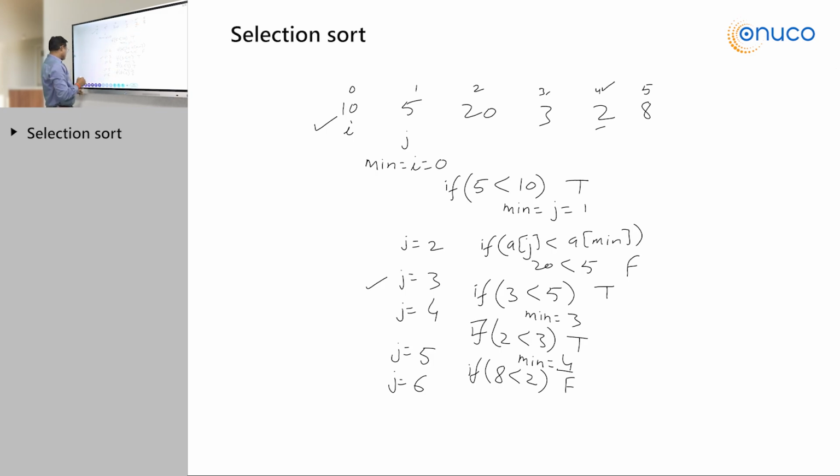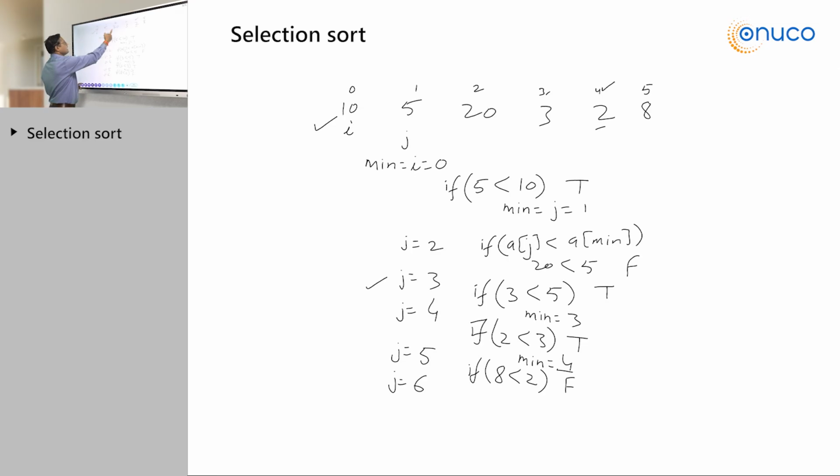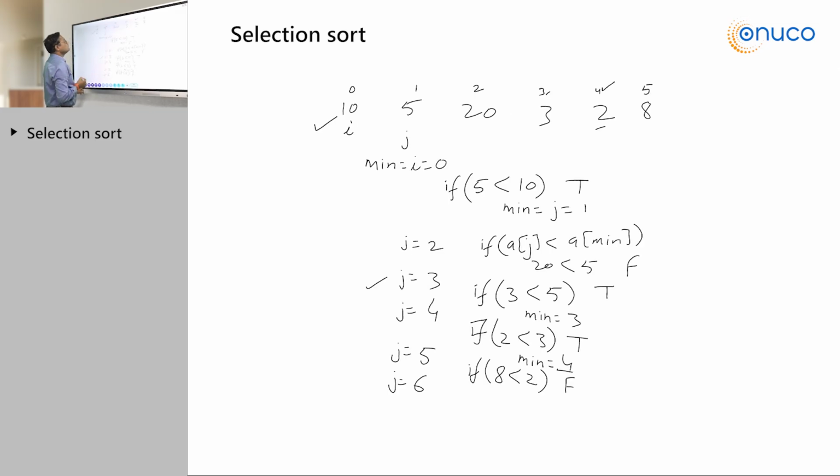Once we do the swapping, what will happen? 2 will come at the first place, at the place of i, and thereafter 5, 20 will be as it is. Thereafter 3 is there, right?